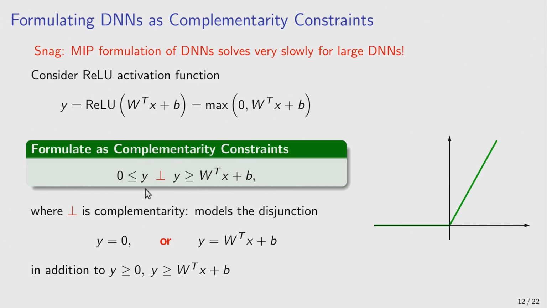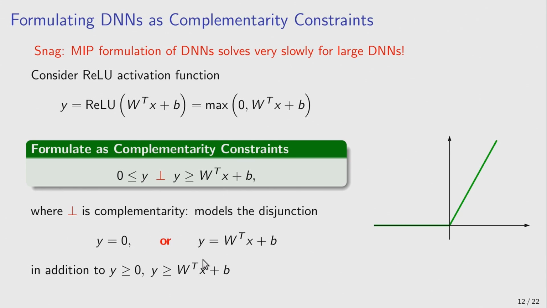This is how you interpret this notation, that you're either on one branch or on the other. In other words, either y is equal to 0 or y is equal to this residual. Then the inequalities ensure that you're not generating points that are not feasible. In addition to this disjunction, you also have these two inequalities.